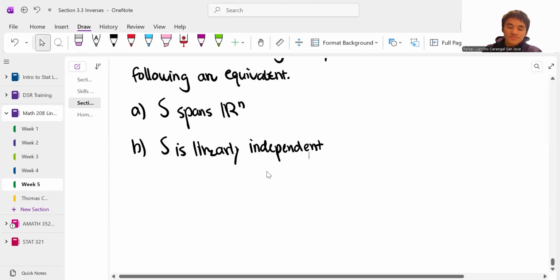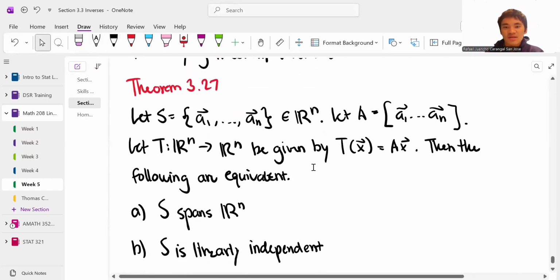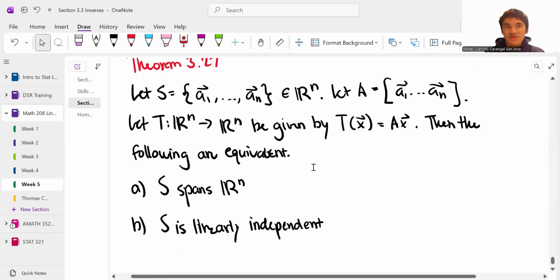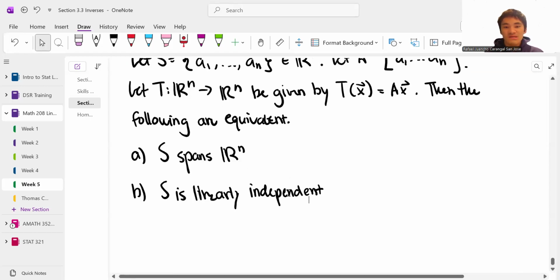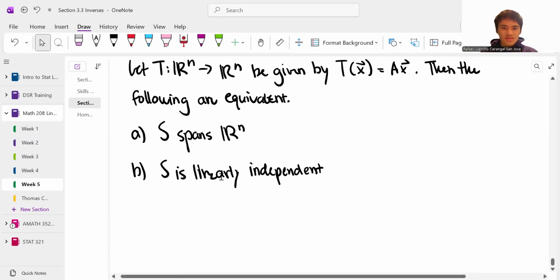That means if we make this into an A matrix, we have to check if there's a pivot in every column. And the number of pivots that we count for each column is the number of vectors that are linearly independent if we put them in a set.